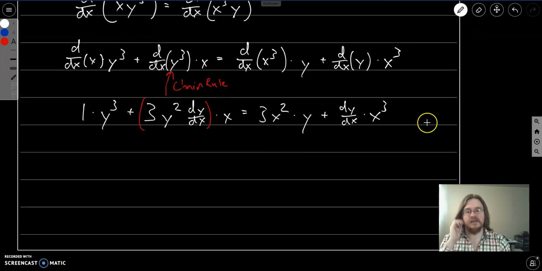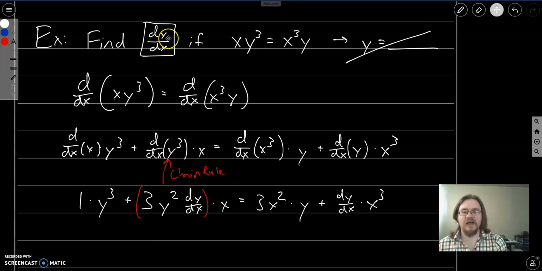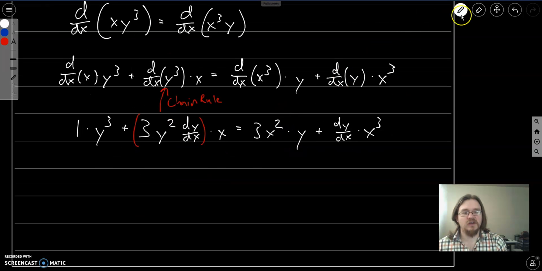So this last bit is just a bit of algebra. I am trying to solve for dy dx. This is what they're asking me to find. So what I'm going to do is I'm going to collect all of the dy dx's on one side of the equation, move everything else to the other side, and solve. So I'm going to put all my dy dx's on this left-hand side. So I'll collect all of this.